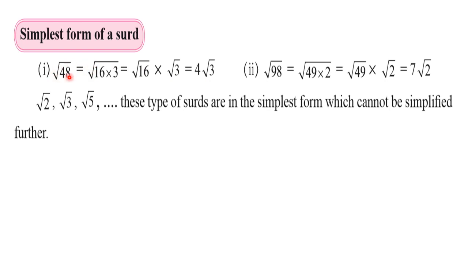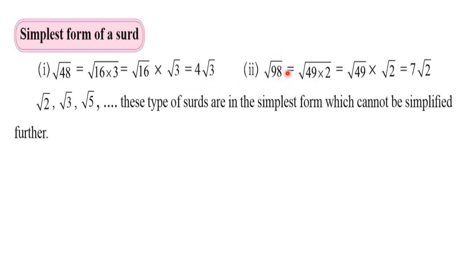So 48 we expressed as 4 root 3. This 4 root 3 is called the simplest form of root 48. Root 48 is called the pure form and 4 root 3 is called the simplest form, because now in this 3 I cannot factorize further to get a perfect square. So this is called the simplest form.